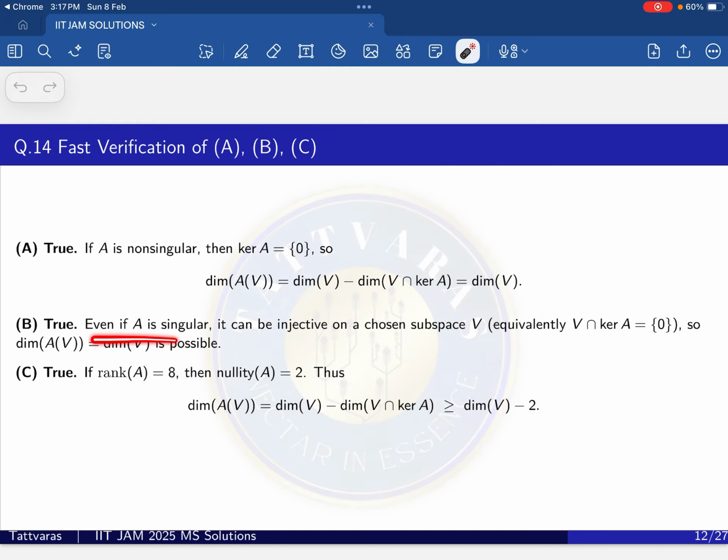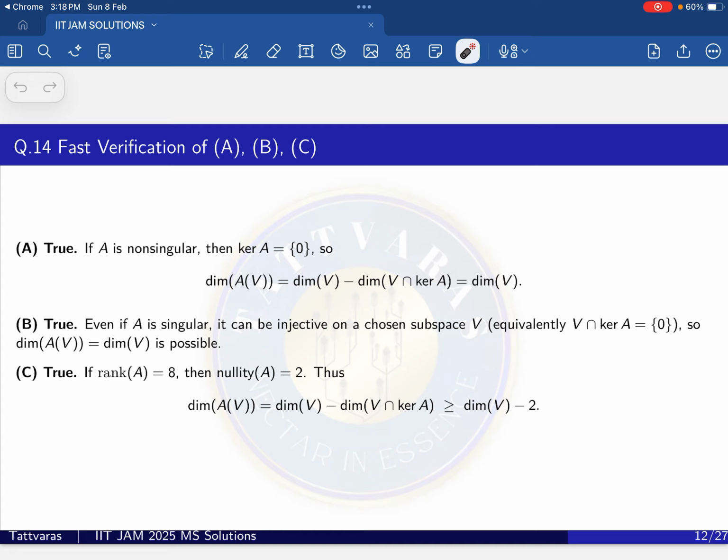Even if A is singular, it can be injective on a chosen subspace V. By injective it means that it maps all elements to places except 0, right? So that means the only intersection might be the set {0}. So that means the dimension of AV is equal to the dimension of V. This is possible if this dimension is equal to 0.